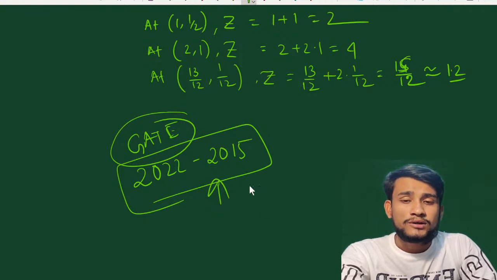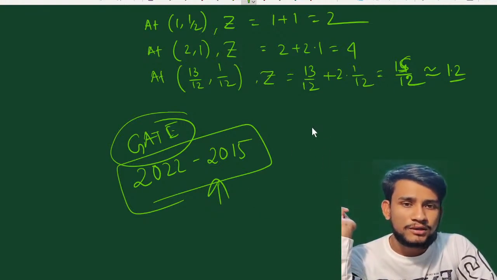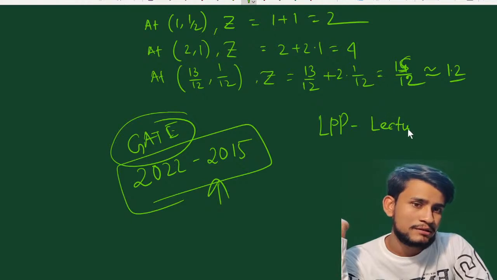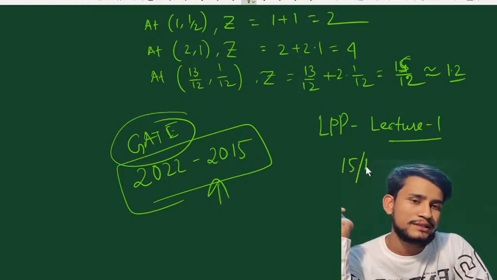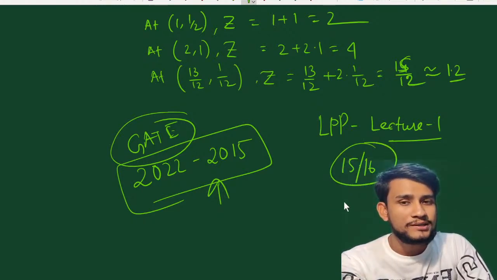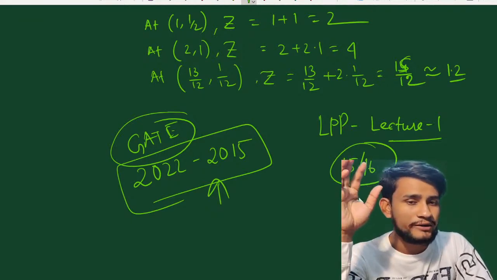And one more thing is that I started from GATE LPP lecture 1. There are a total of 15 or 16 lectures for LPP. Then we solved some problems of 2021 and 2022, and these are the older videos.